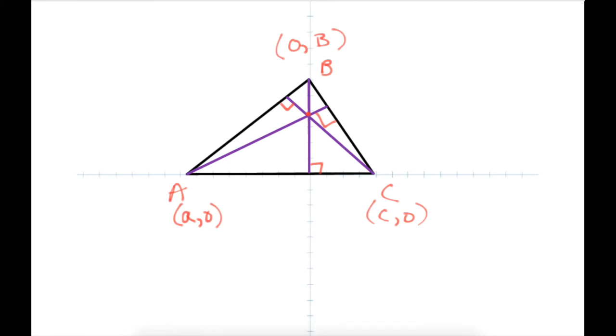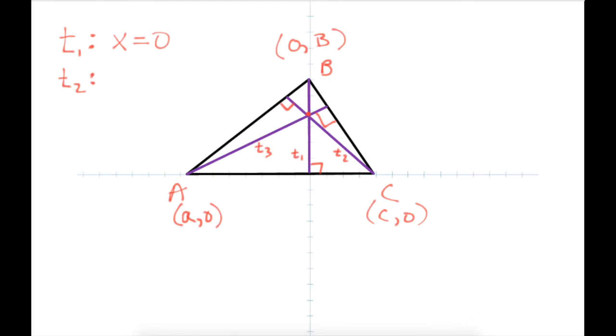Which means I need equations for each of these. So let's call these T1, T2, T3. So for T1, my equation is simple. It's x equals 0. That's my line.